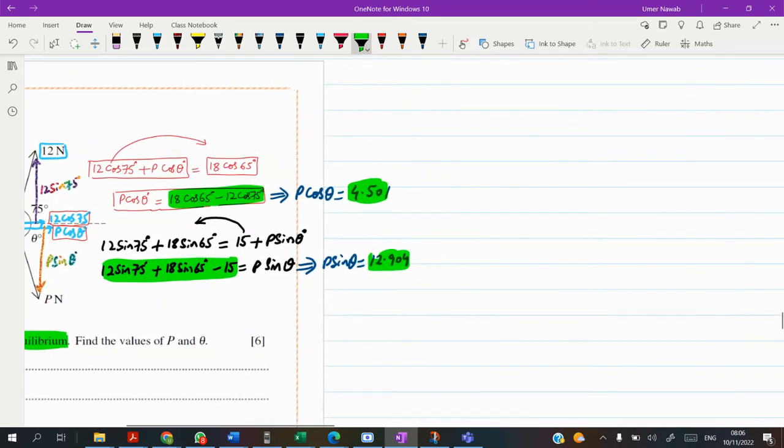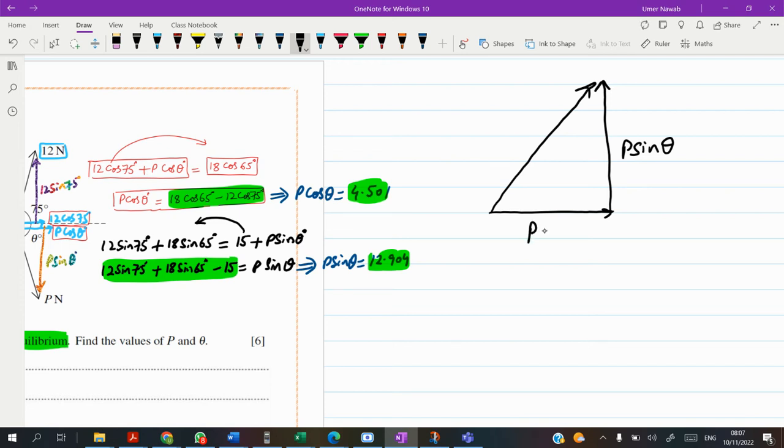The interesting thing is, guys, this is P sine theta and this is P cosine theta. This is theta and this is P. Do you agree with me?